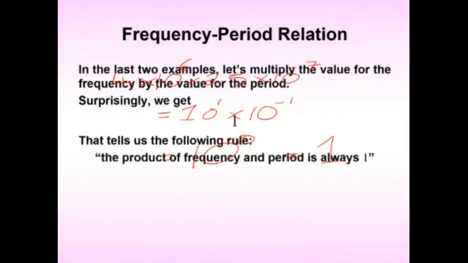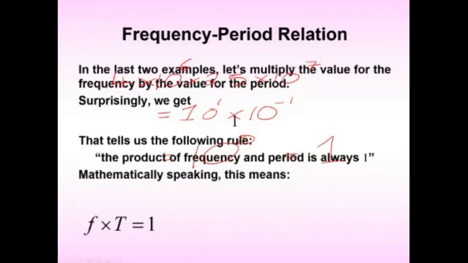The product of frequency and period is always a solid one. So basically, mathematically, this means this. Can someone tell me how many variables are in this equation? Variables. 2, which means what? If you know one, you must what? You must know the other.